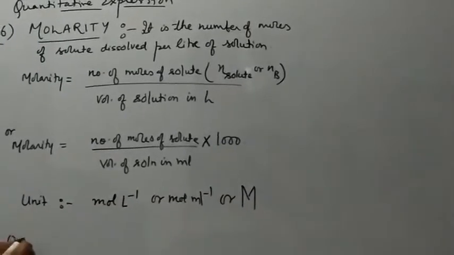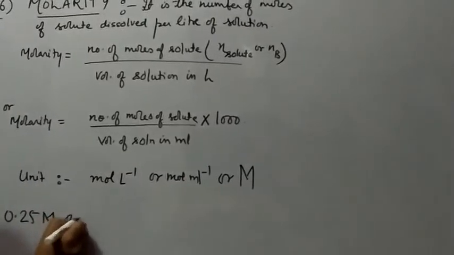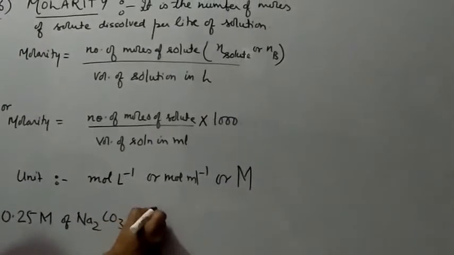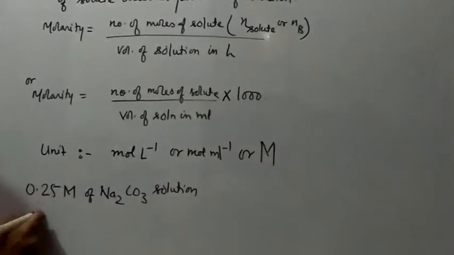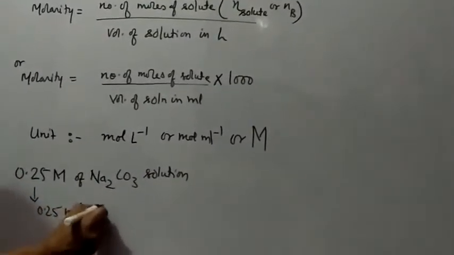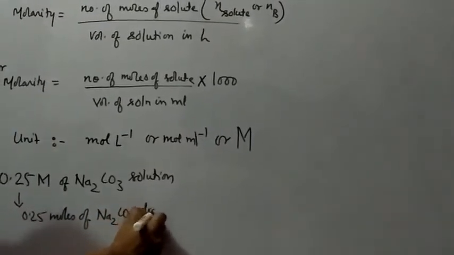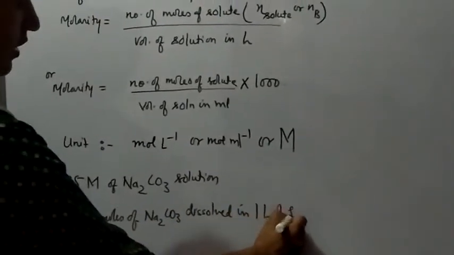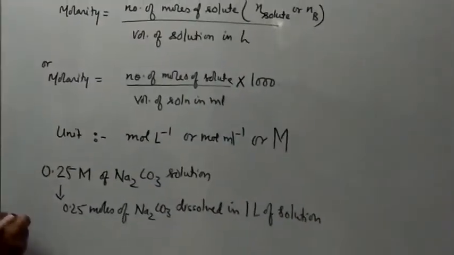Now if I write it this way, 0.25 M sodium carbonate solution, students, what do you mean by this 0.25 M? It means 0.25 moles of sodium carbonate dissolved in 1 liter of solution, or 1000 ml of solution.